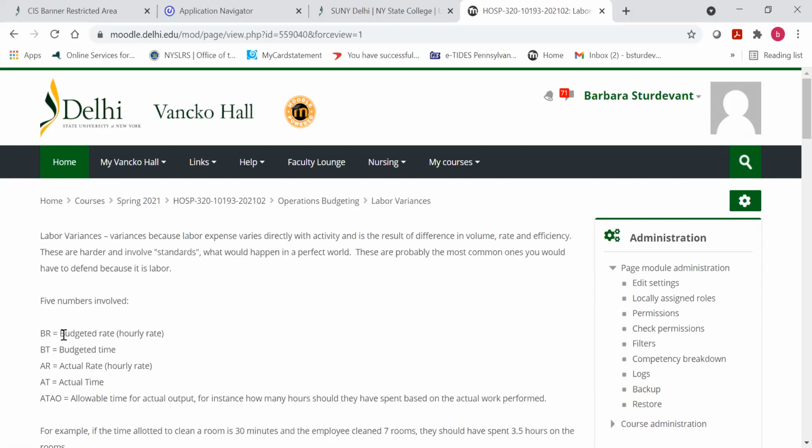So budgeted rate would be your budgeted wage rate per hour. Budgeted time would be the total hours budgeted. Actual rate would be your actual hourly rate, and your actual time would be the actual time that you spent.